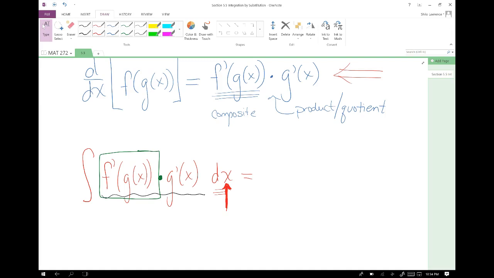So usually the first thing you need to check, and sometimes the most difficult thing for people, is to just decide when they're supposed to do integration by substitution.